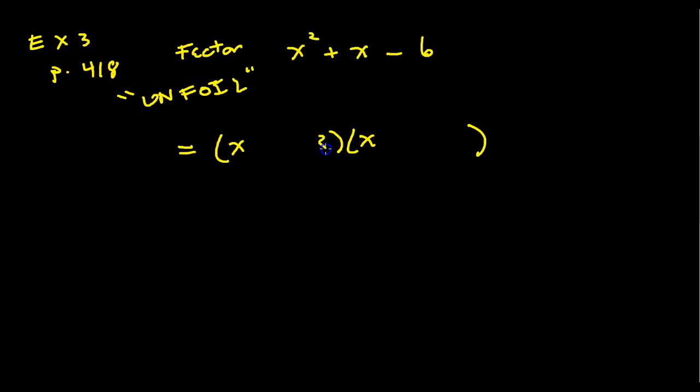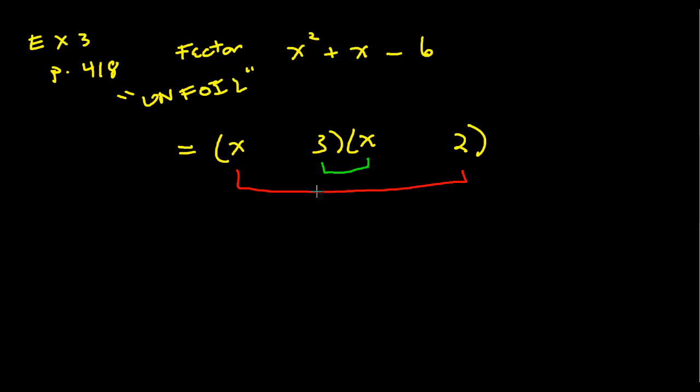If I say 6 is 3 times 2, all right, I can play around with the signs of the outer product and the inner product to add up to a positive x, right?